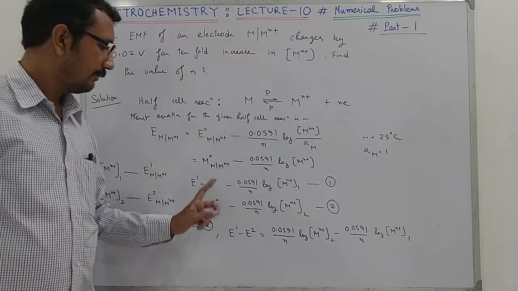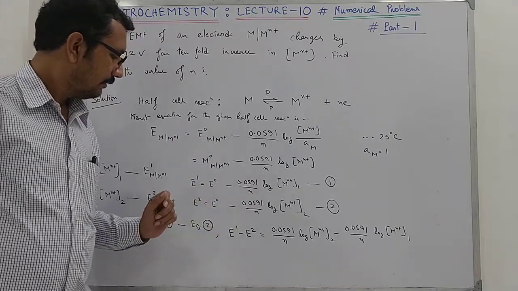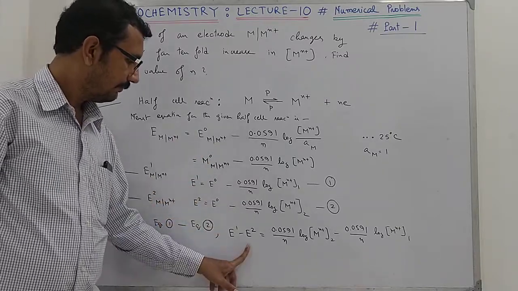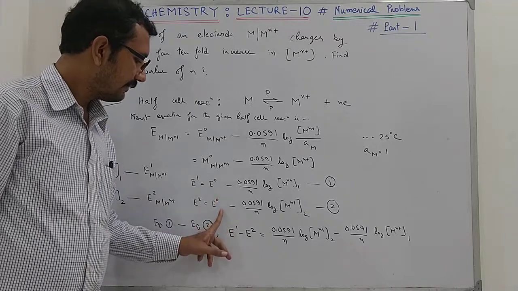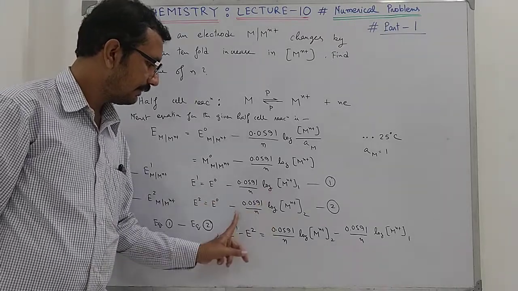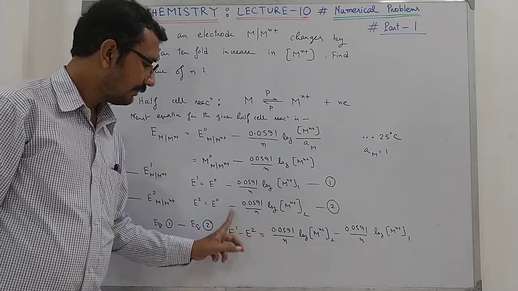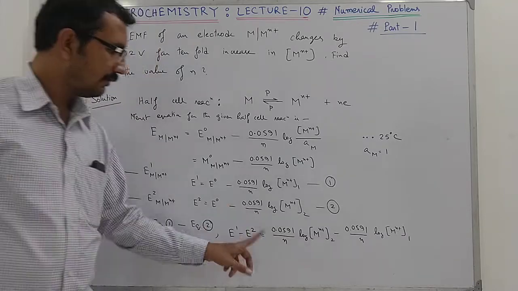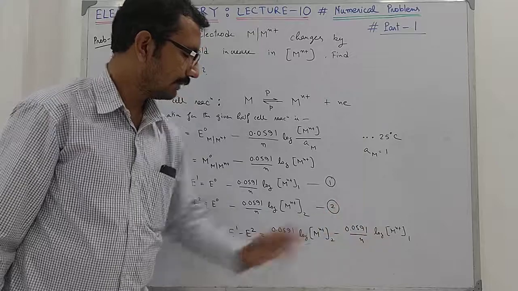I am subtracting equation 2 from equation 1. Now minus of minus will be plus, so it comes in front. So this is 2 minus 1.